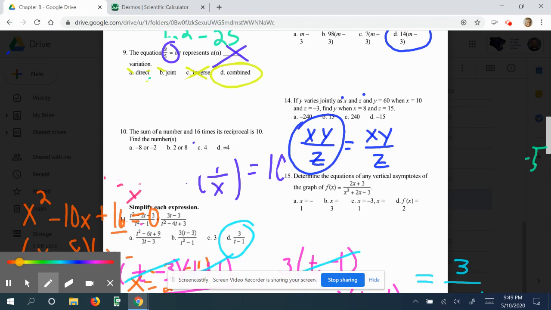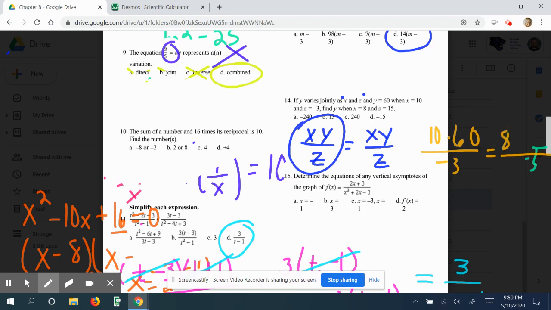So the first one, it says y is 60, x is 10. So 10 times 60 over negative 3 is equal to, and then the next one is x is 8, y we don't know, and z is 15, right? So let's simplify if we can. So 10 times 60 divided by negative 3.